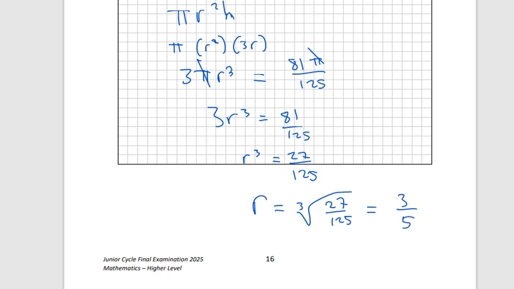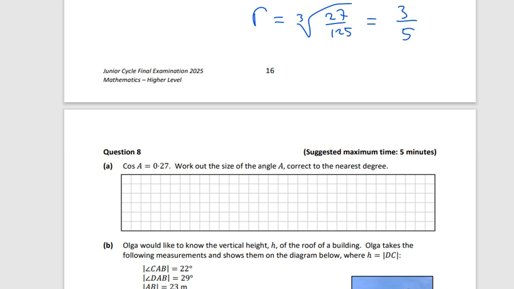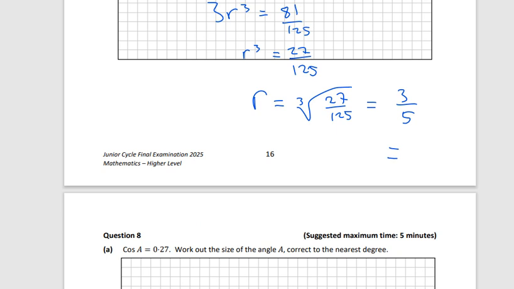So 3 over 5 is the radius. So that would be 0.6 meters.